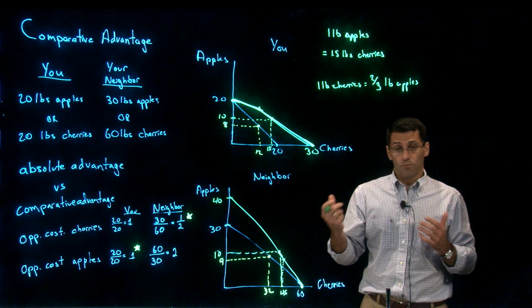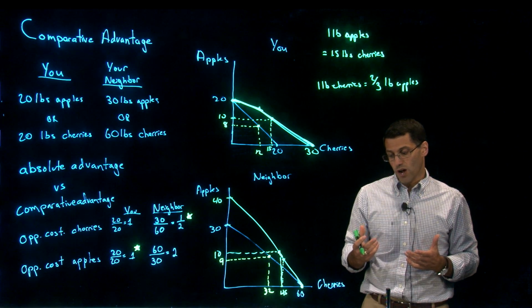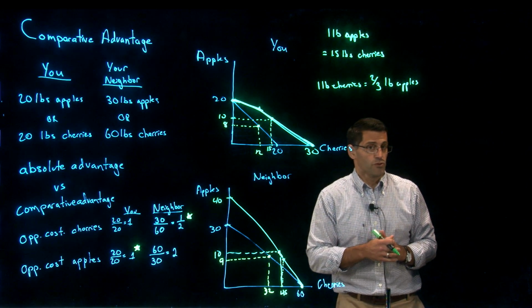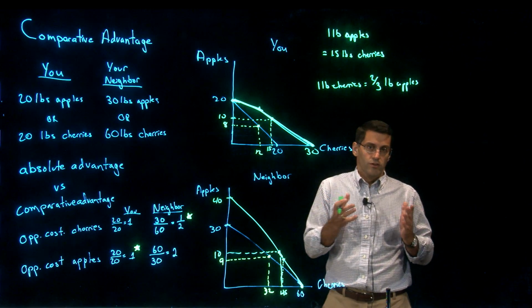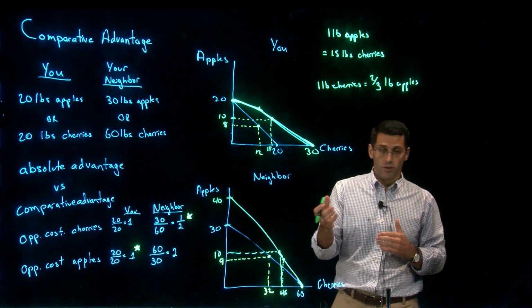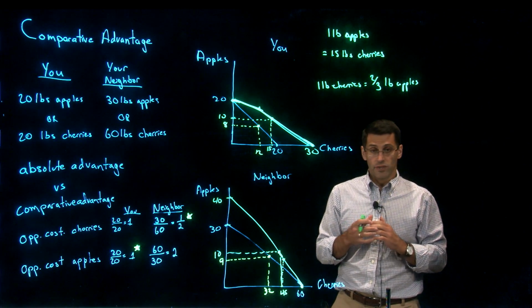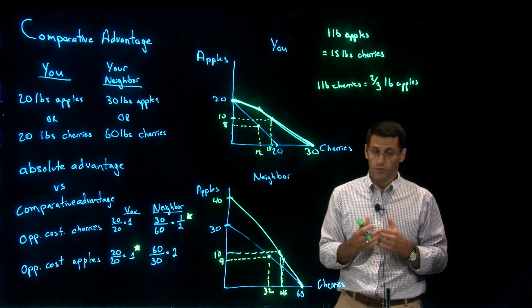And your neighbor, who's more productive at both activities, still finds it worthwhile to specialize in picking cherries and then trading with you for your apples. And again, this holds when we're talking about countries trading with each other or simply you and your neighbor trading with each other. Very basic, but very powerful insight that we get from this very old economic model.